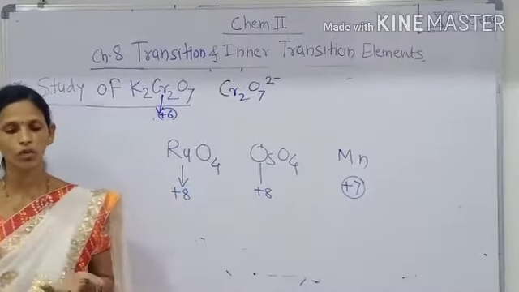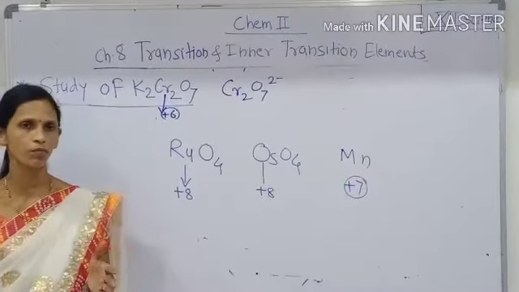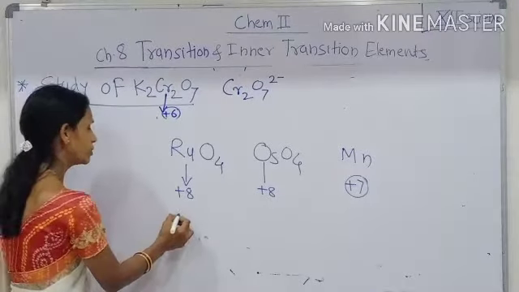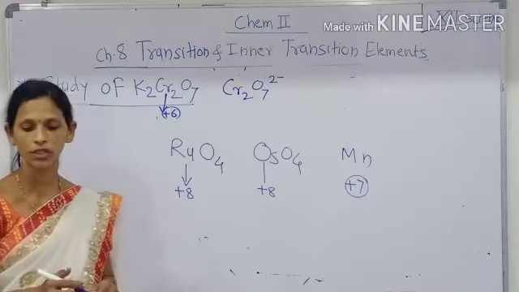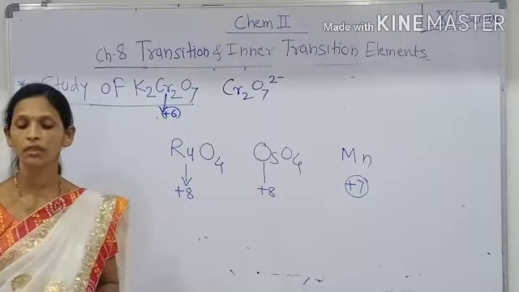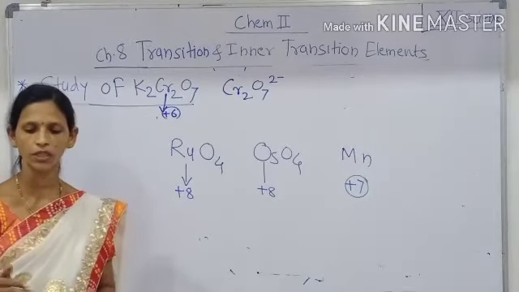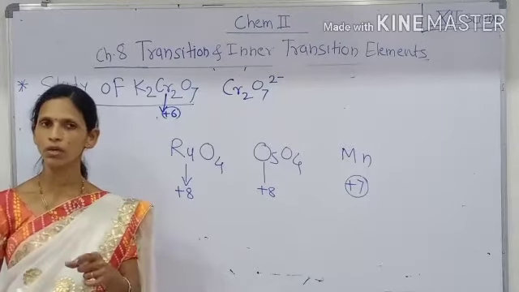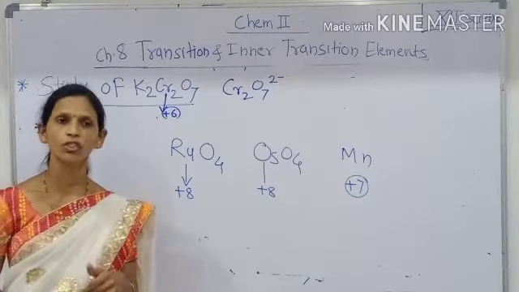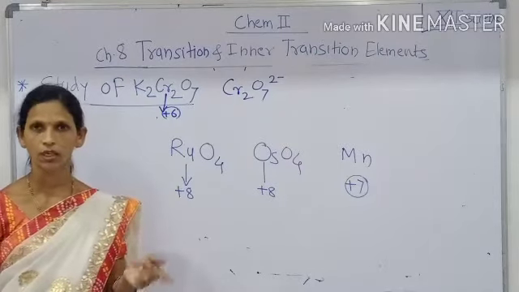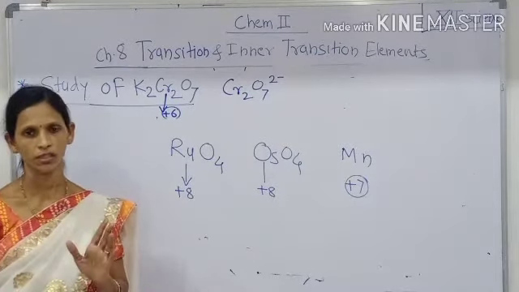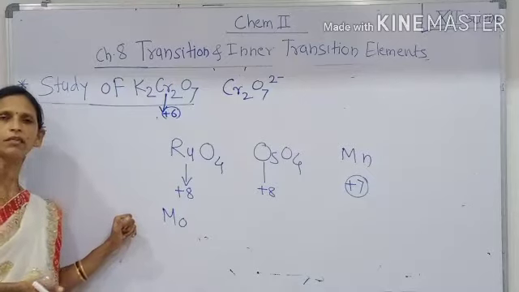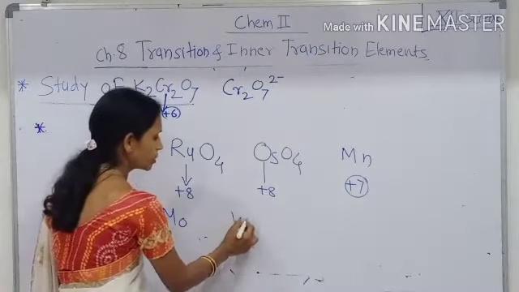Then one more difference in their compounds is that they show higher oxidation states and form compounds in their higher oxidation states. The compounds formed in the higher oxidation states of second or third transition series elements are more stable than the compounds formed by the elements of the first transition series in their higher oxidation states. That means molybdenum, which is present in the second transition series, and tungsten.